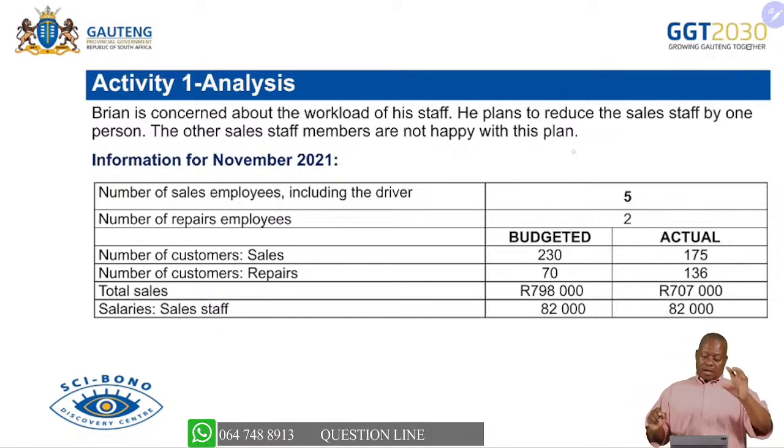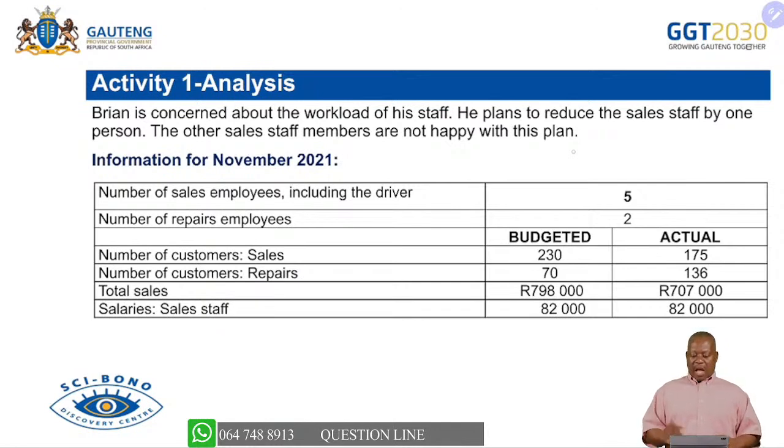Anyway, let's check the information first. In accounting, when you understand the information presented to you, the job is half done. So understand the information. Total sales. We are budgeting to have sales of about 798,000. Are we achieving our budget?